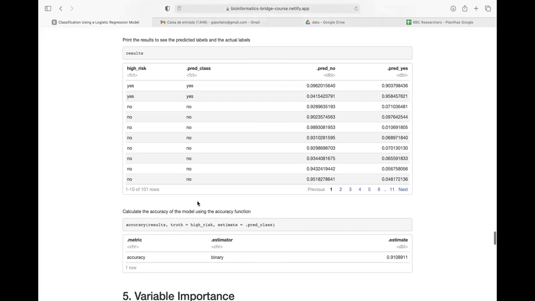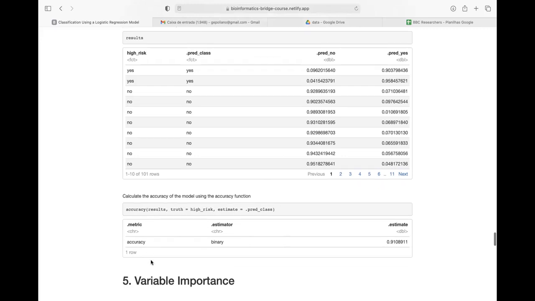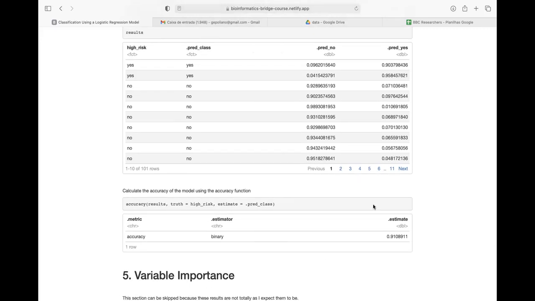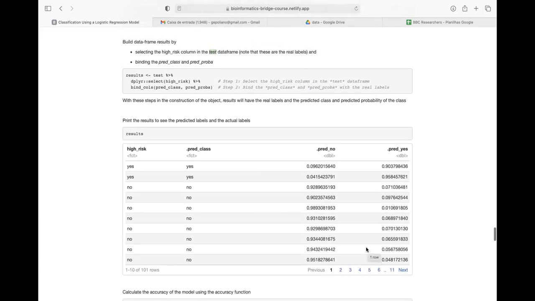And so now we can calculate the accuracy of the model using the accuracy function. And if we do that, we will see that the model has predicted 91% of the time whether a person is of the high risk or the non-high risk category.